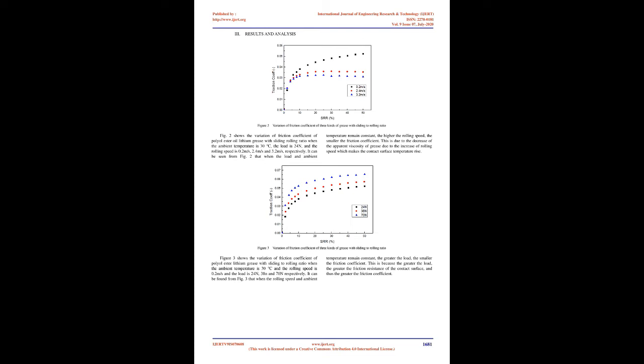The sliding speed U equals U2 minus U1, the resulting friction force is F, the friction coefficient equals F/W, and the sliding rolling ratio S equals U/U. Therefore, by given load, temperature, and speed, the relationship between friction coefficient and sliding/rolling ratio can be obtained.